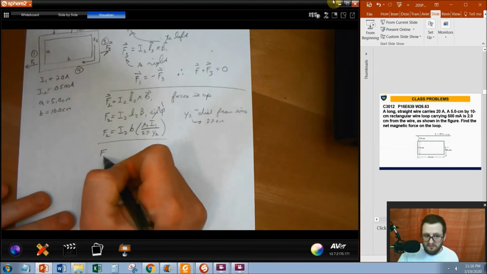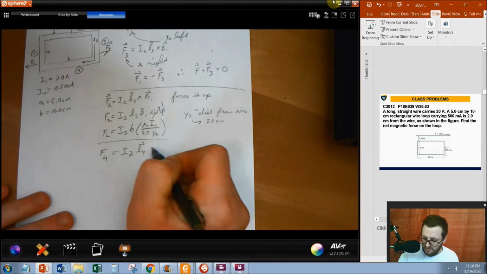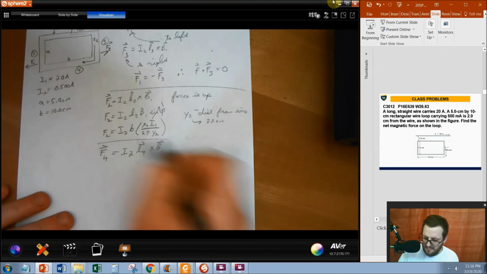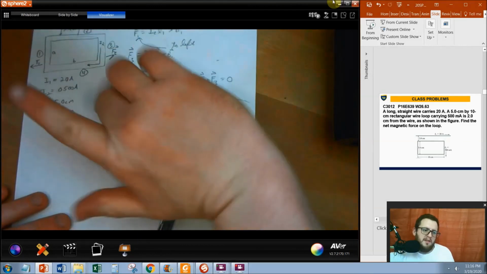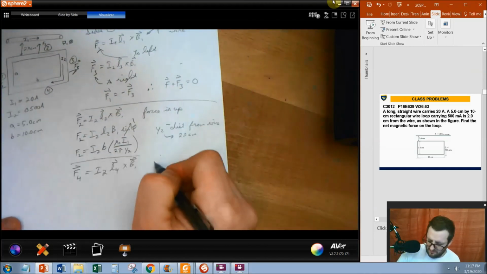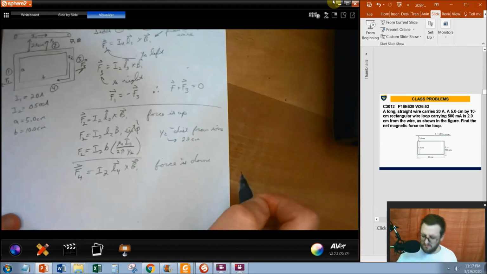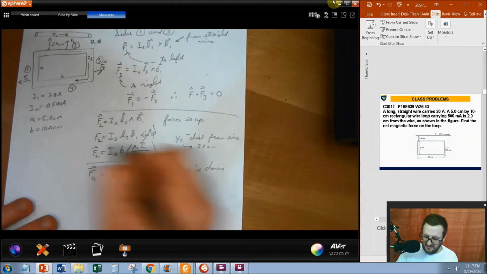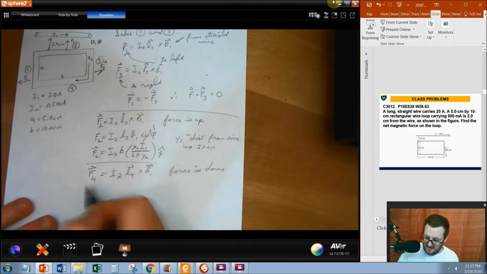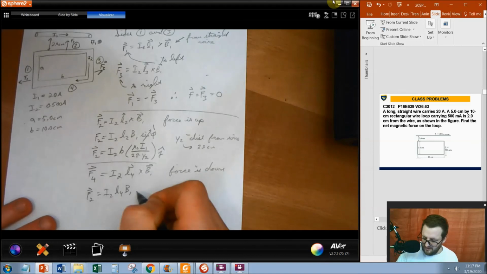So what is F4? Well, that's I2 again, L4 cross B1. So the current's going this way, the magnetic field is into the page, so the force then is down. In fact, I could make this a vector by saying this is j hat, and then I can say F4 is I2 L4 B1 sine of phi, which again is perpendicular.